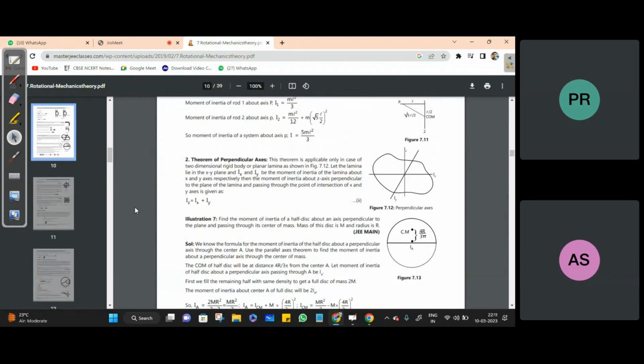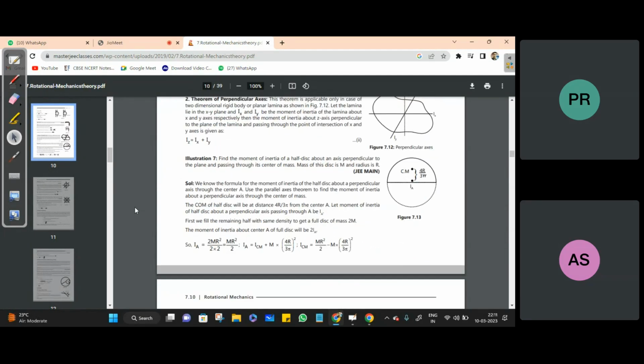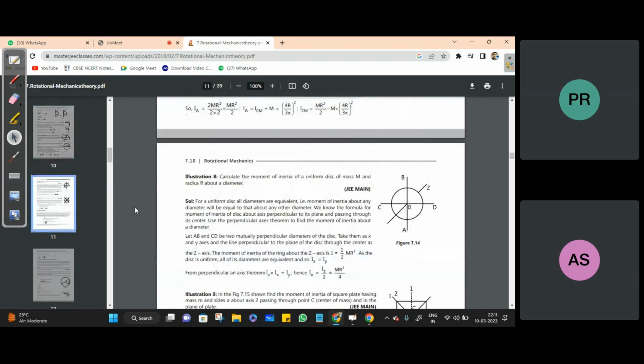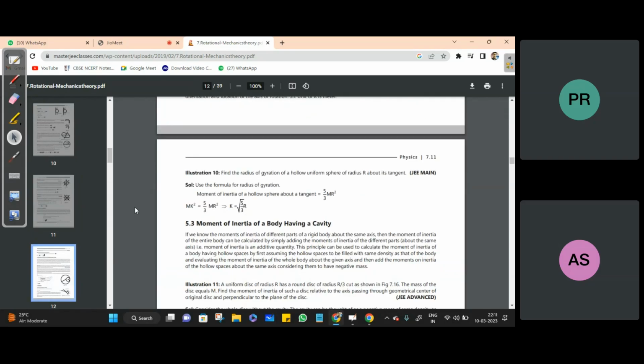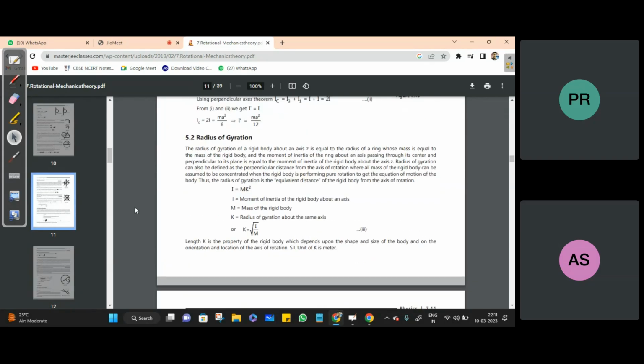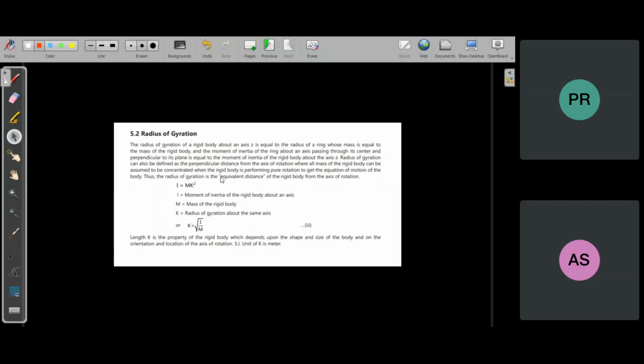Sir, not torque. Only the definition, you said. Okay, so after the moment of inertia, radius of gyration we have not done. Only moment of inertia problems. So let's start after moment of inertia, with the radius of gyration.